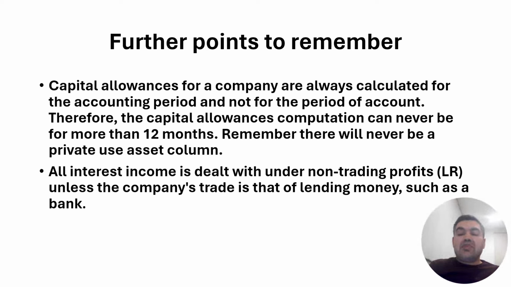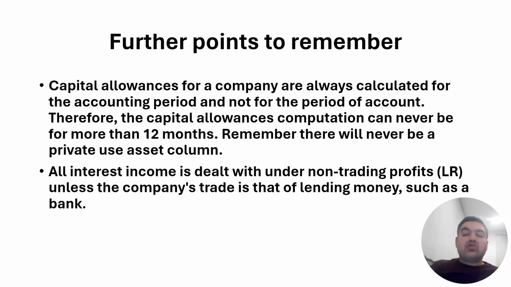Remember, a period of accounts can be longer than 12 months. It can be up to 18 months. However, an accounting period for corporation tax can never be more than 12 months. Remember, there will never be a private use asset column. For example, if they say to you there's a car given to an employee that has private usage, on that car we can claim capital allowances.